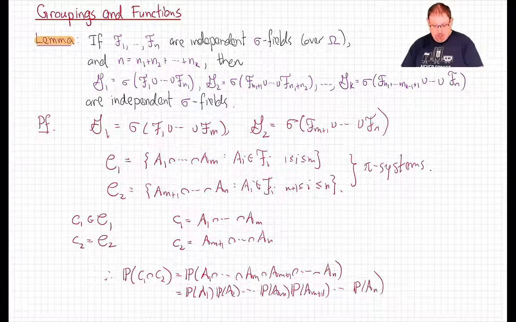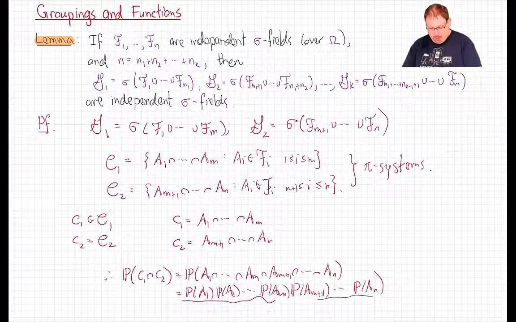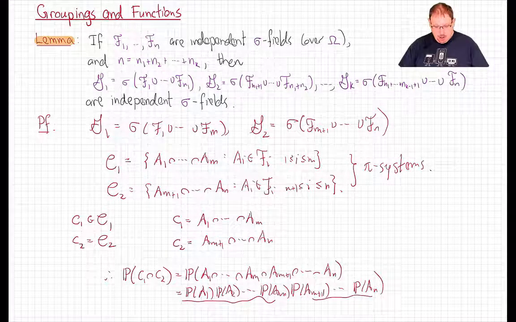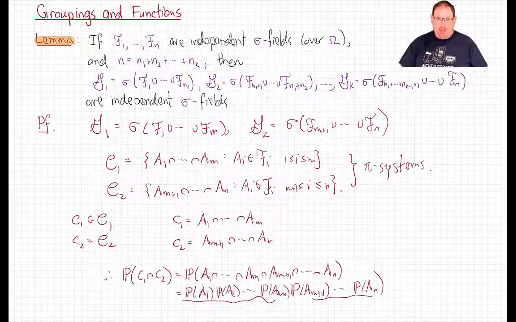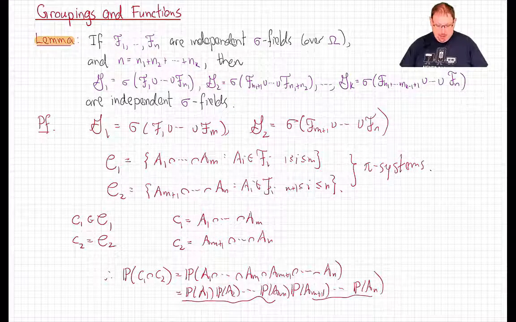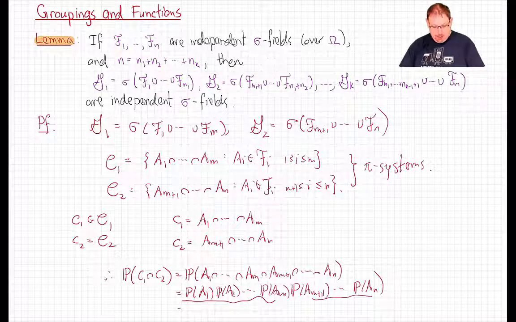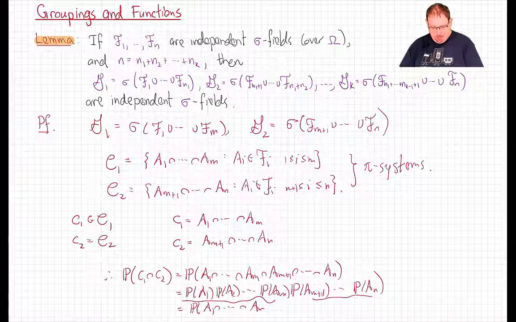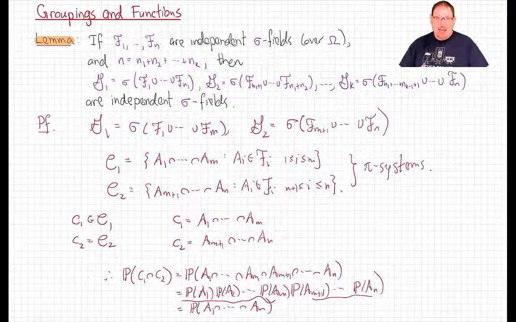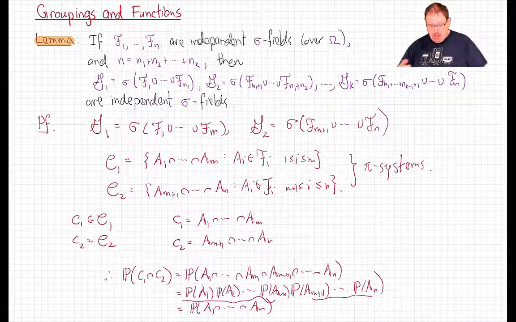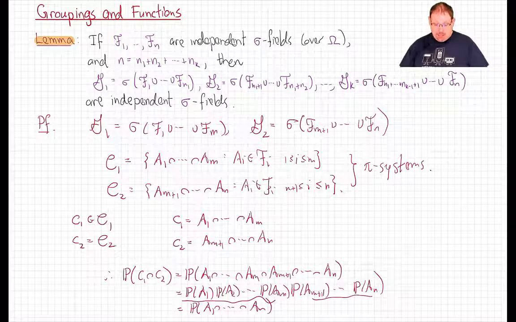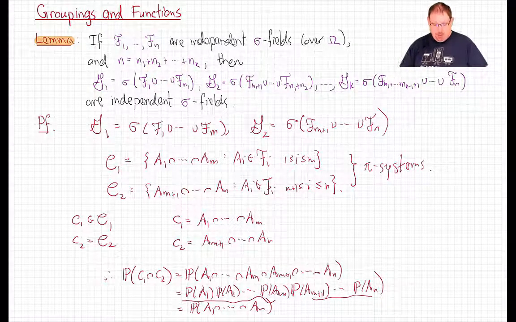But now I can regroup those in the appropriate groupings and say, hey, also F1 up to Fm alone are independent. And so that product of probabilities there is also just the probability of A1 intersected up to Am. And Fm+1 through Fn are all independent, and so the events Am+1 through An are all independent on their own.